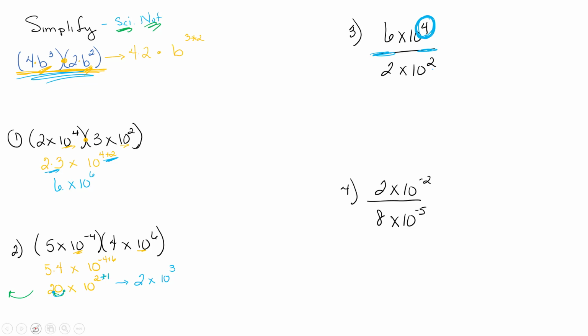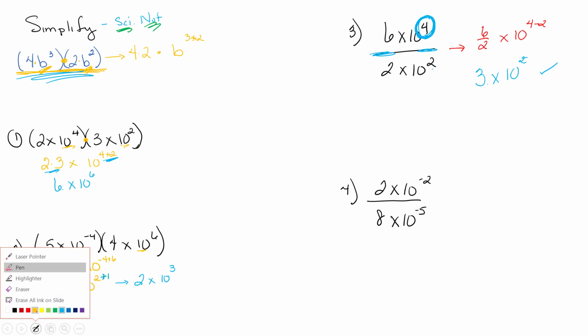So, in this particular case, I am going to do 6 divided by 2. And I'm going to take my base of 10 and the numerator minus the denominator, and I get to multiply my two answers together, which will give me 3 times 10 to the power of 2. And since 3 is the only number to the left of the decimal point, this answer is good to go.